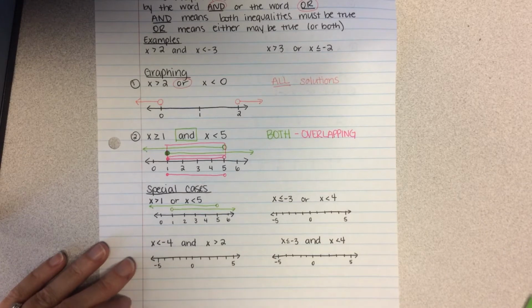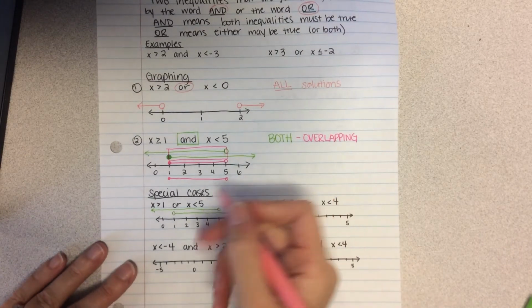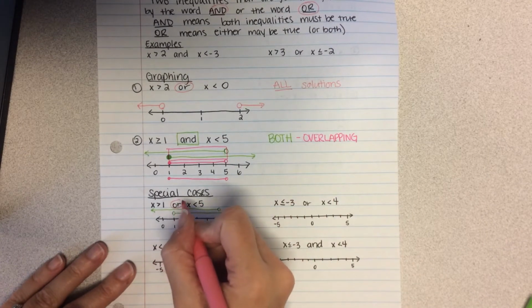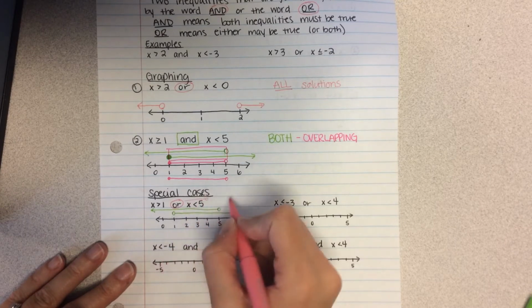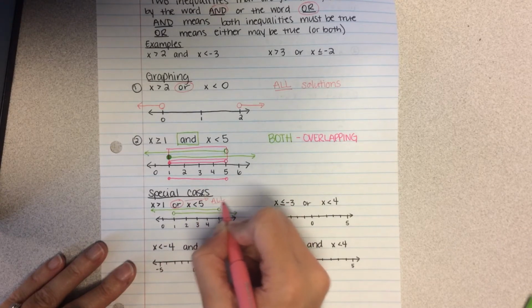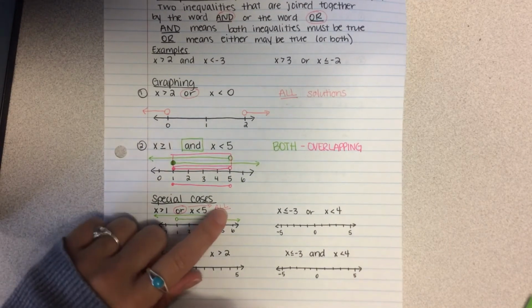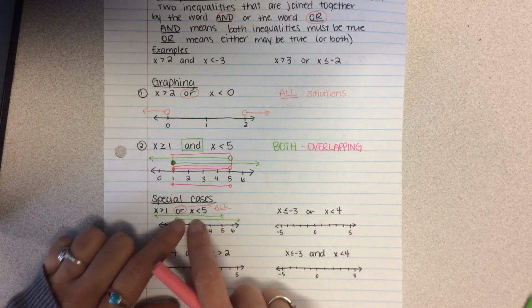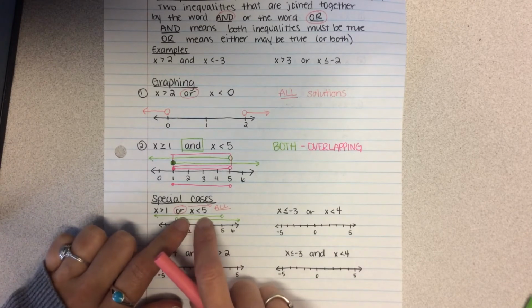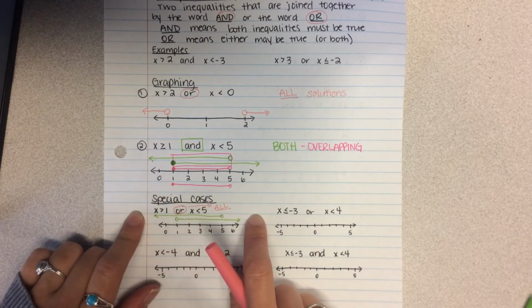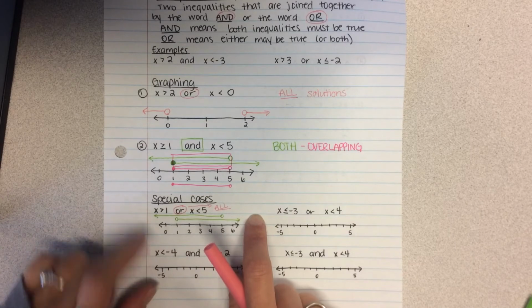But I do have that this is an "or." And "or" means all. "Or" does not mean overlap. And because I'm looking for all of it, they do overlap in the middle, but they go in either direction forever. And I want all of my possible solutions.